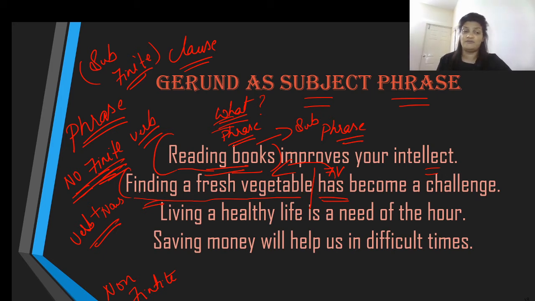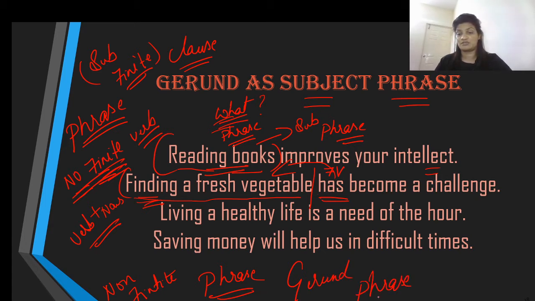Therefore, here this qualifies as your phrase. But what type of phrase is it? Well, the phrase begins with an ing verb. Therefore, this is your gerund phrase, or you can also call it subject phrase. This is your gerund phrase because it begins with a gerund. This is your gerund phrase and also your subject phrase. And this is your finite verb.